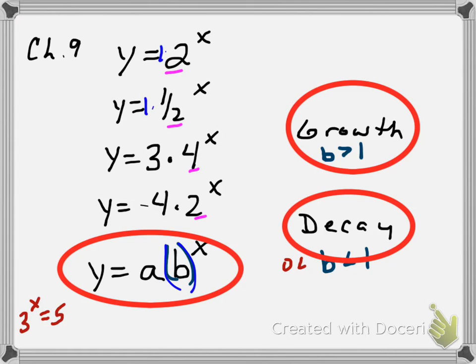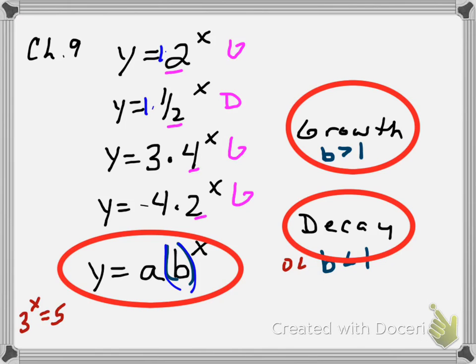That is a growth equation. y equals 1 times 1/2 to the x would be decay, because the base of the x exponent is less than 1. y equals 3 times 4 to the x would be growth, and y equals -4 times 2 to the x would be growth. Is everybody seeing what I'm doing? Nice, easy topic to ease us back into the math.